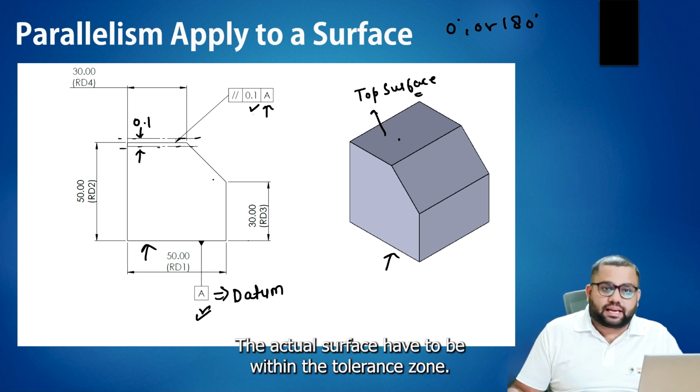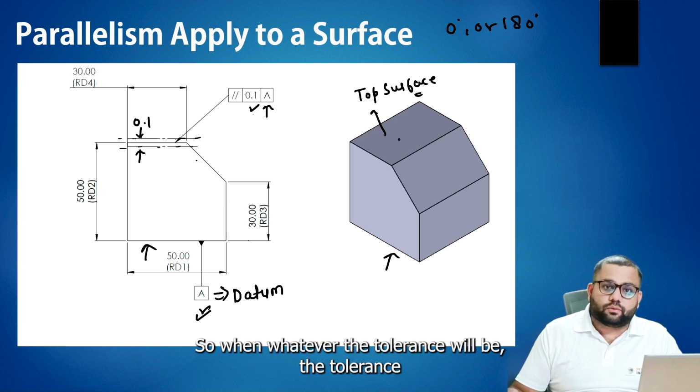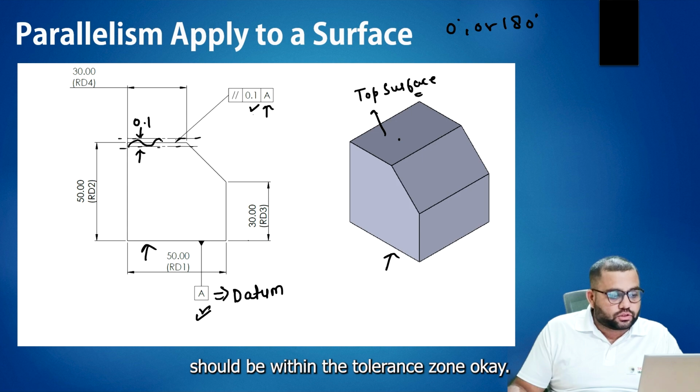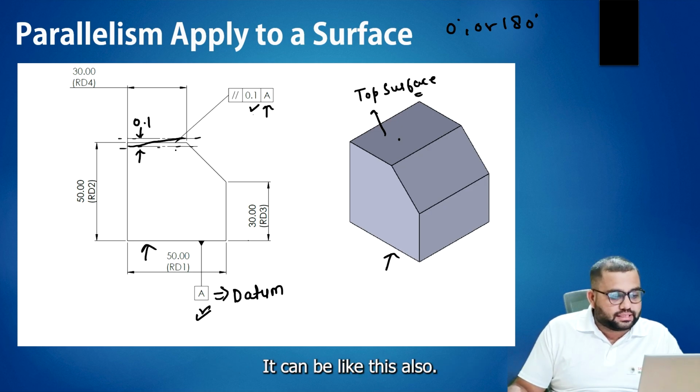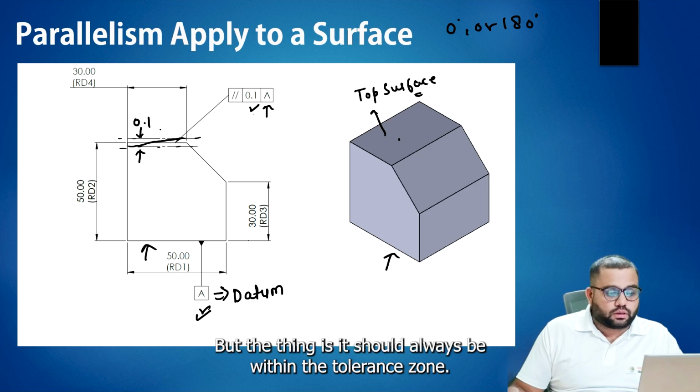The actual surface has to be within the tolerance zone. It can be anywhere within the 0.1, it can be in a tapered position, it can be like this also. But it should always be within the tolerance zone.